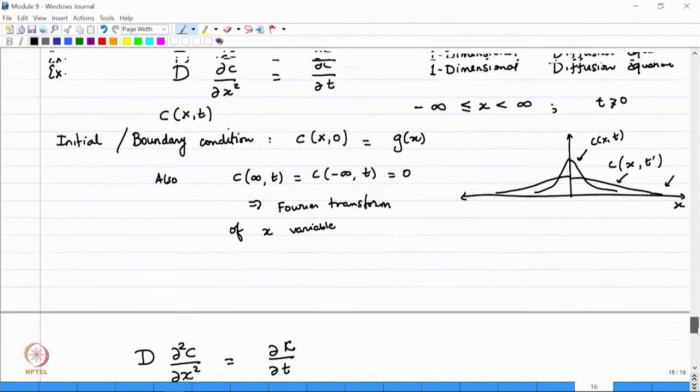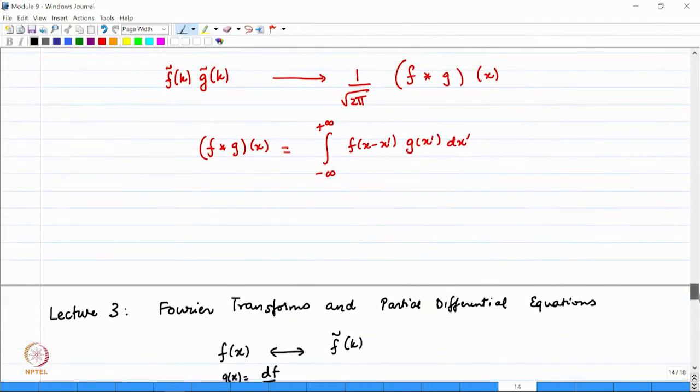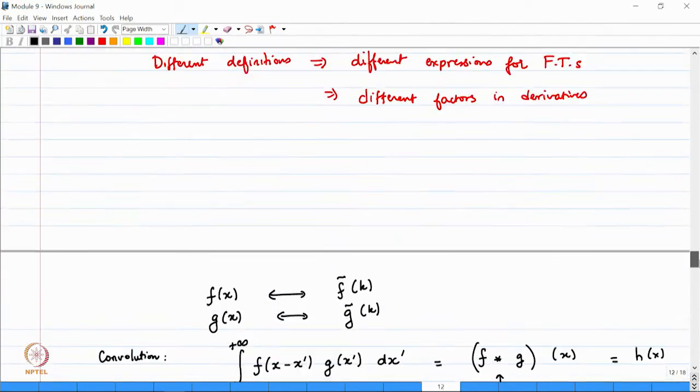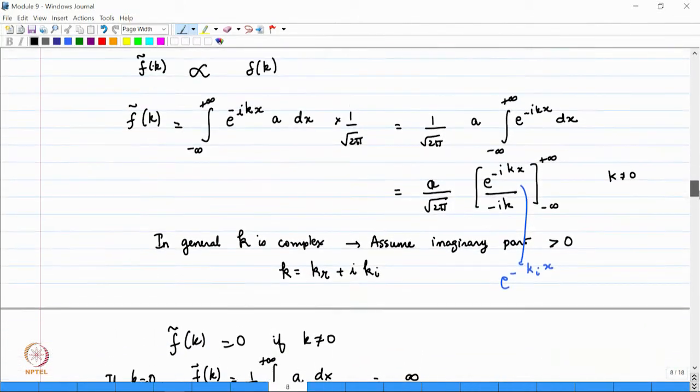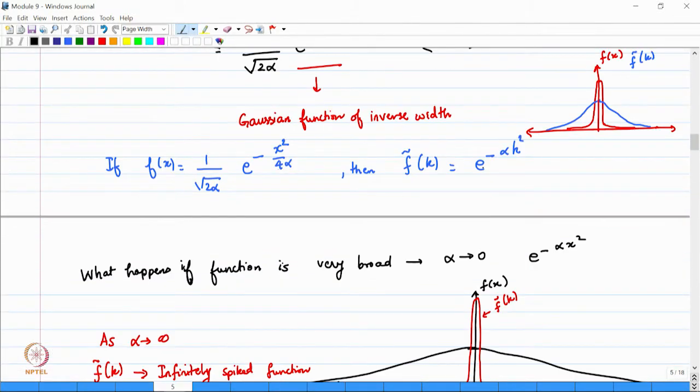Let us go back to the first lecture of this module, where we did the Fourier transform for a Gaussian. What we said was that if I had e to the minus alpha k², then the Fourier transform is 1 over square root of 2 alpha times e to the minus x² by 4 alpha. Now, instead of alpha I have d times t. So, I should have 1 over square root of 2 d t times e to the minus x² by 4 d t.